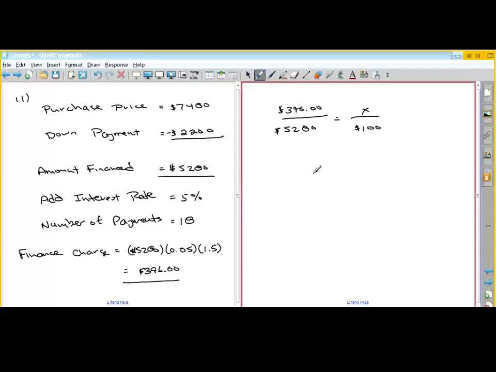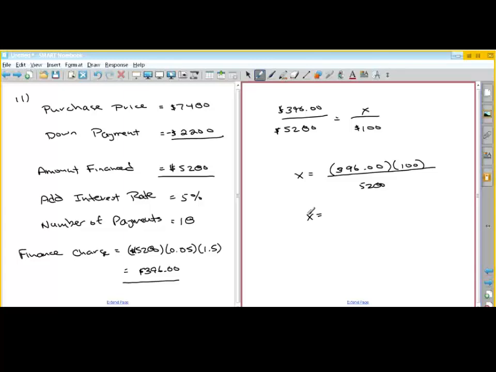So if you solve for x, you multiply both sides by 100. So you'd have $396 times 100 divided by 5,280. And they're all dollars, so you get dollars divided by dollars, and then you have another dollars left over. So the answer is dollars.